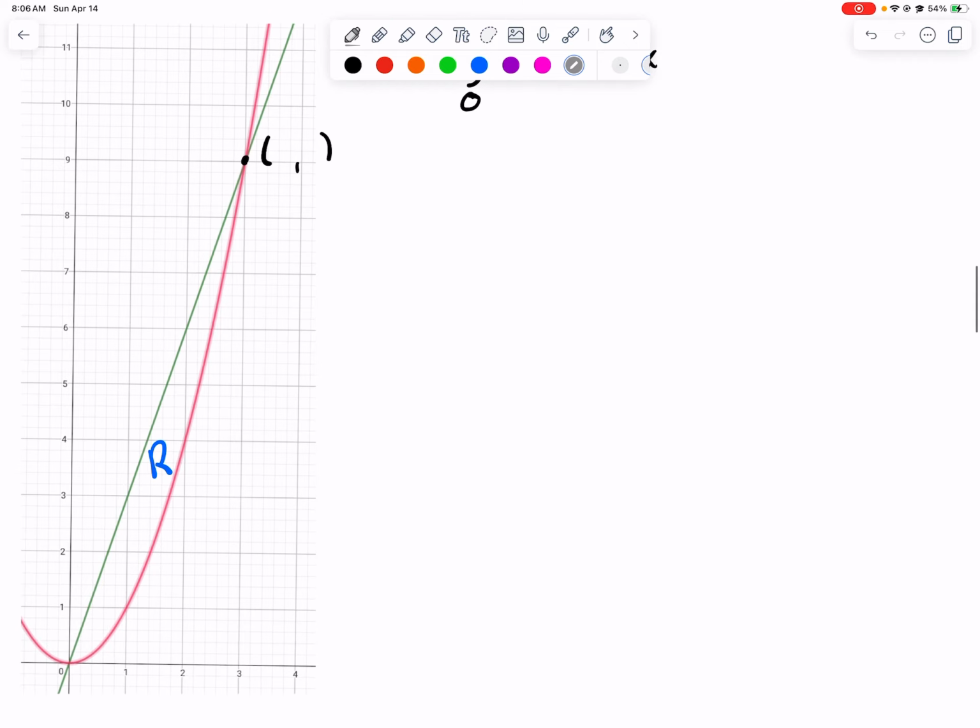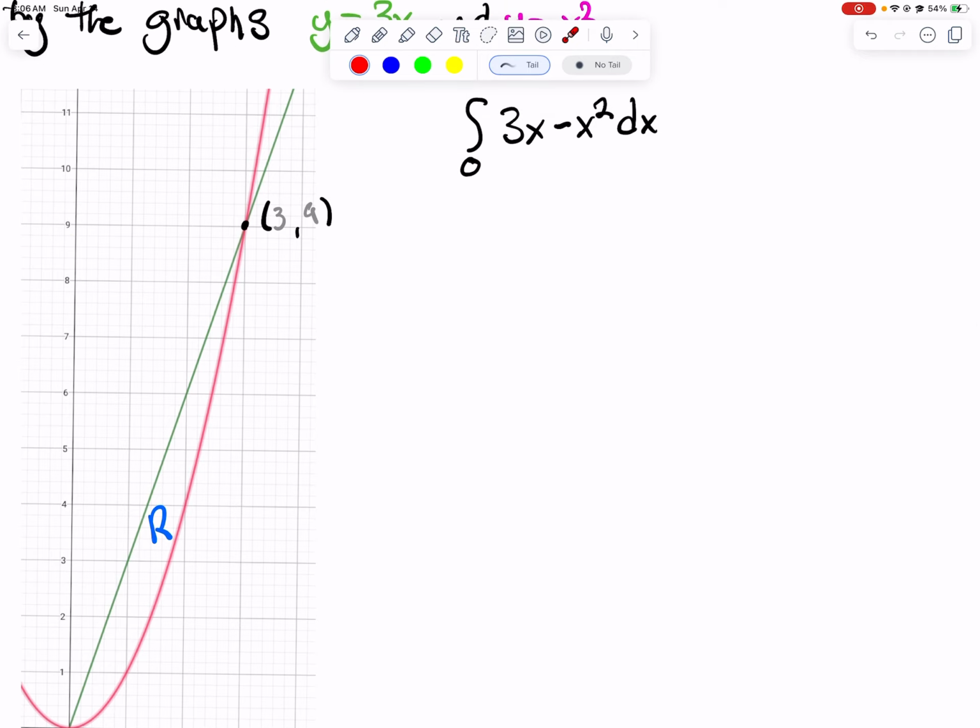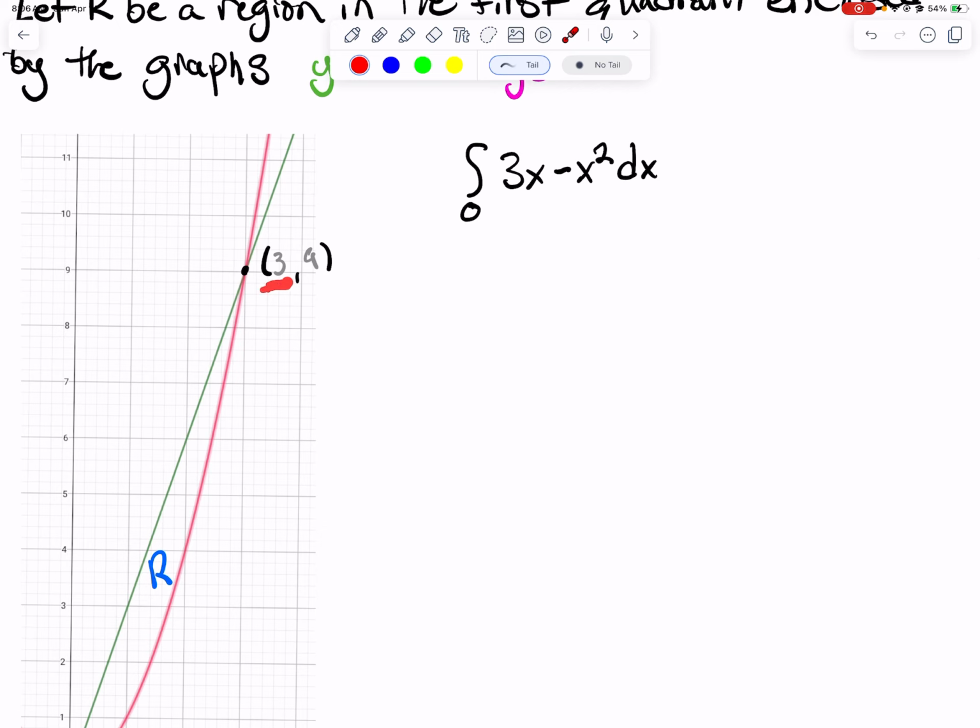We can calculate this, but because they give us a graph, we can just look at it. It's going to be at the point 3, 9, looking at this piece here and this piece here. We are going to use the x coordinate in this case. So it's going to go from 0 to 3.